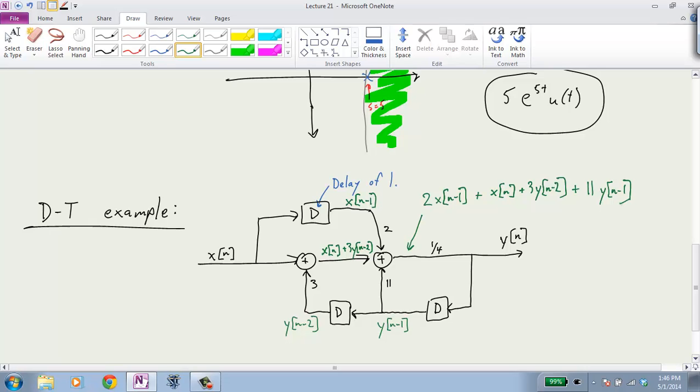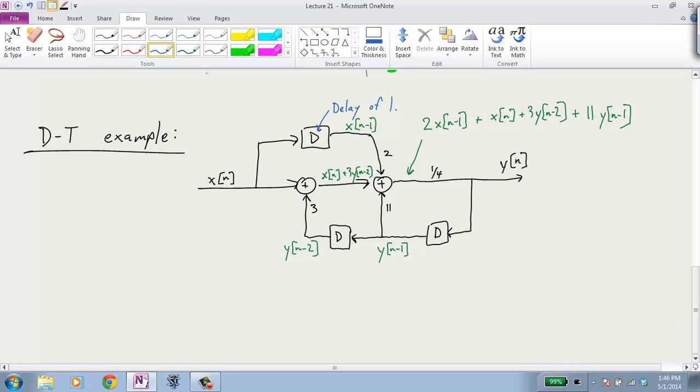Okay. Now that all gets multiplied by this 1/4. So I could rewrite this whole thing with a fourth around it, and what I'm going to get is our difference equation, which is that y of n equals 1/4 times this whole thing that I wrote up there.